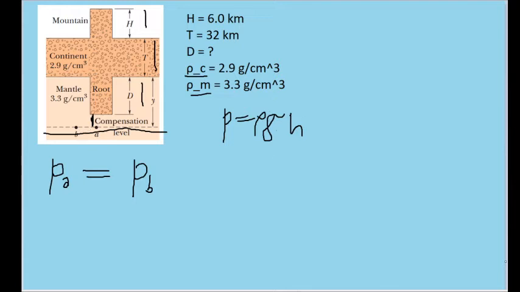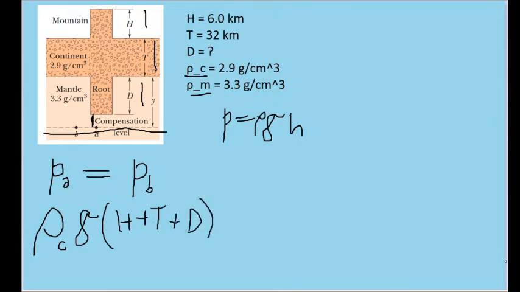So we can use this formula to find this by saying that the pressure at A will be equal to the density of the crust times G times the depth of the root, which is going to be capital H plus capital T plus D. And of course the total pressure is also added onto this different density for the mantle here.